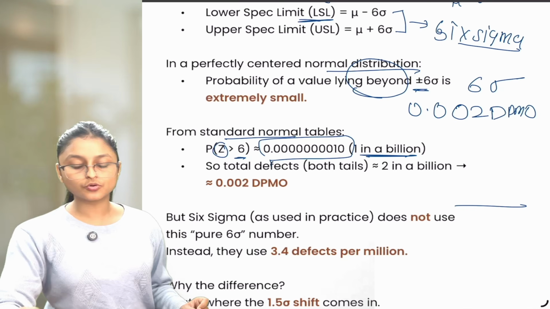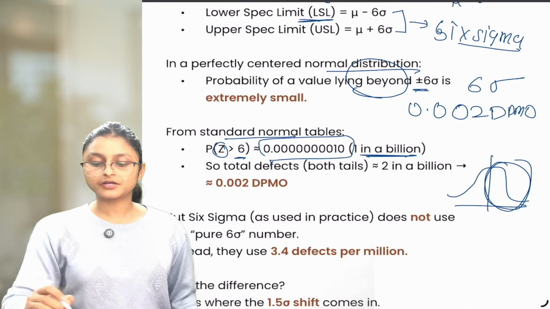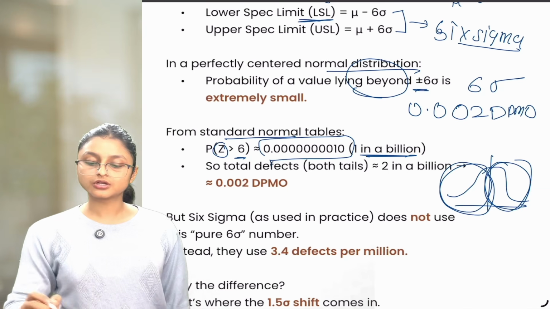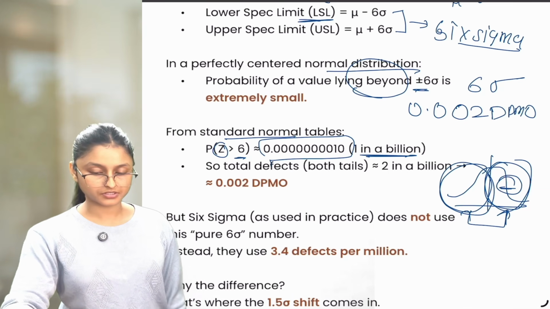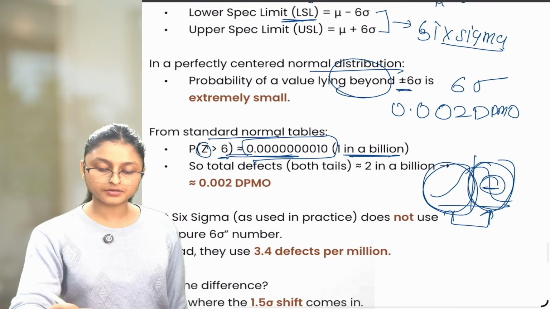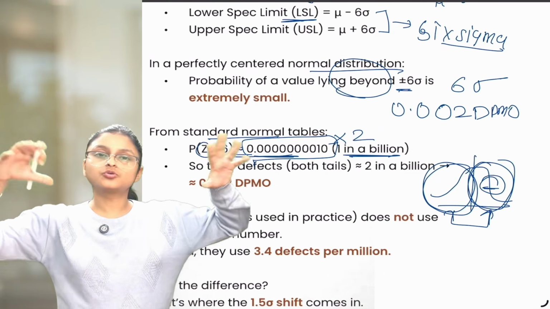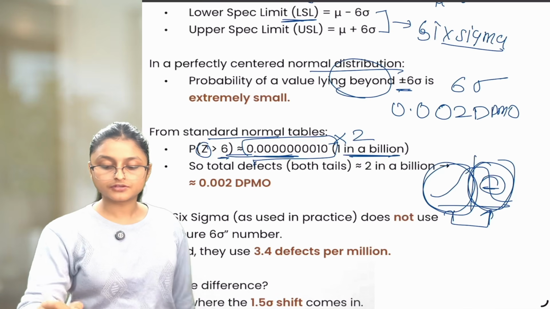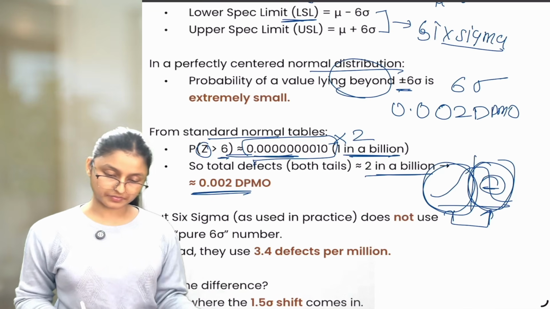But I already told you that the z score table gives the value of one side only. If you want the two sides value, then you only need to add this number with this, or you can multiply by 2. You will get the total of all the area, which comes to 2 in a billion, which is also equal to 0.002 defects per million.